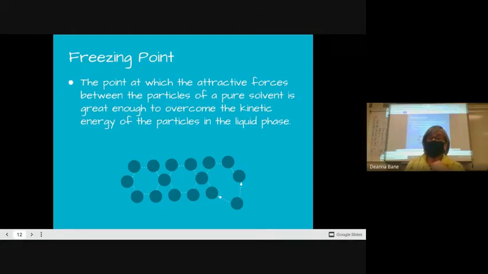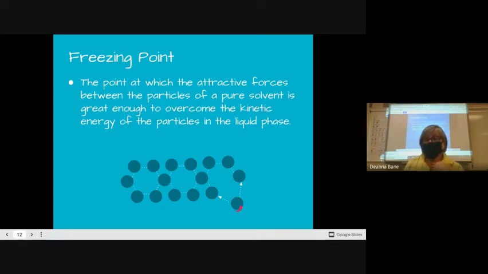So the freezing point is the point at which the attractive forces between the particles of a pure solvent are great enough, so the attraction is great enough to overcome the kinetic energy, or the energy of motion, of the particles in the liquid phase.